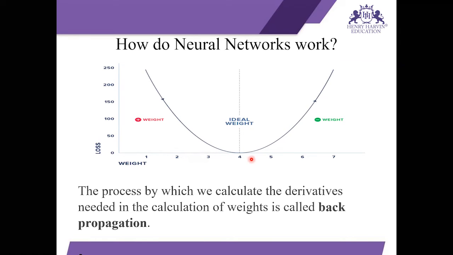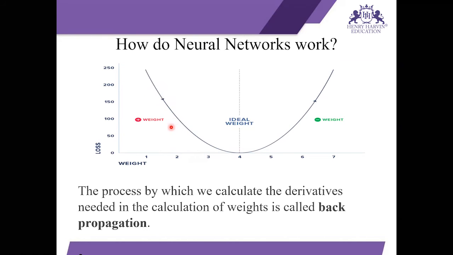You already found out that the right relationship between x and y in this example is y is equal to 4x. That is why here you can see that there is no loss. When you calculate y is equal to 4x, there is no loss. Here, this part represents a negative slope.